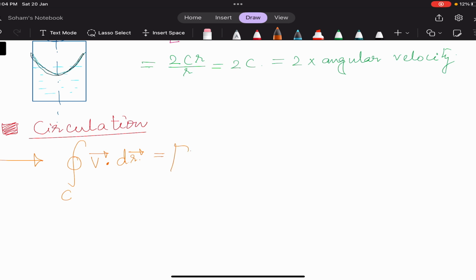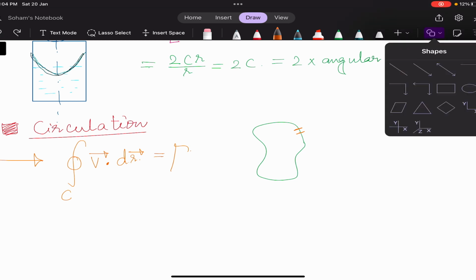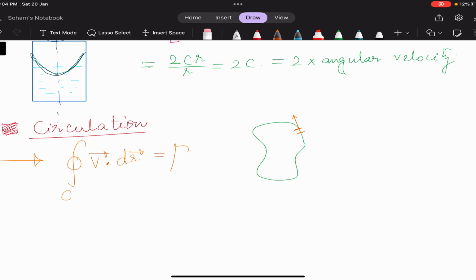That is, if you take a closed contour, maybe you are having an infinitesimally small dr. Sorry, so maybe this is the direction of dr. Okay, so this is dr, and this is the direction of traversing the path, that is this.